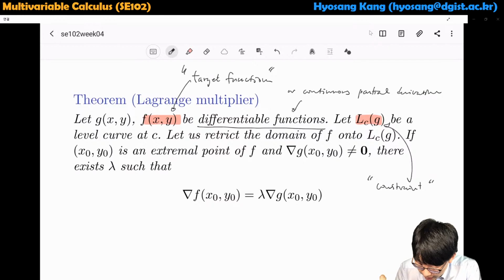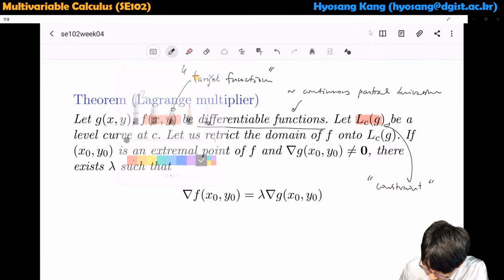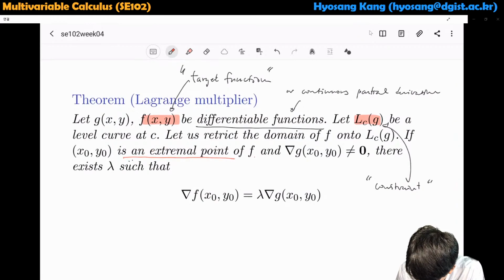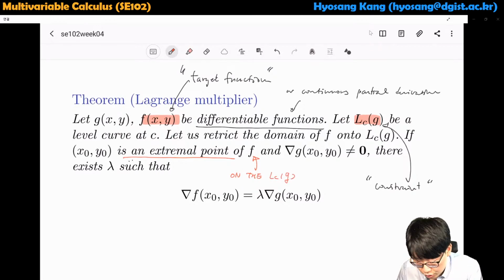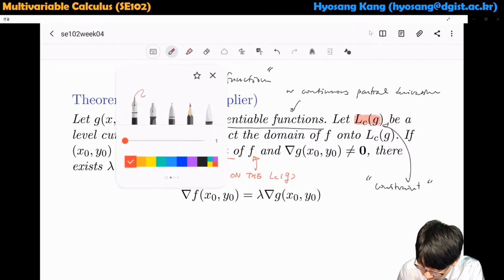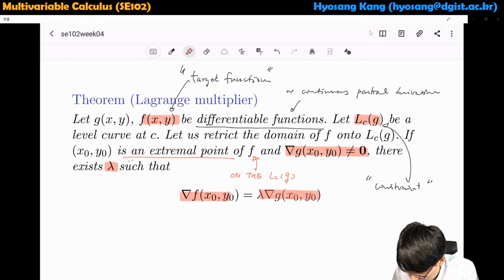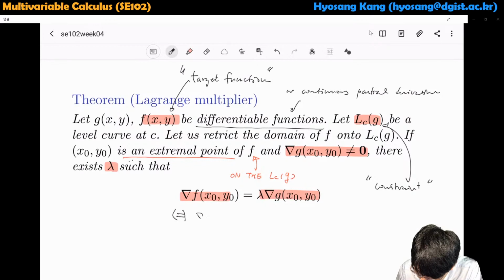Now, if (x0, y0) is an extremal point of this function on this level set, and there's an important condition, the gradient vector of g at (x0, y0) is not 0, then there exists lambda such that these two vectors satisfy this equation, which means basically that the gradient of f and the gradient of g are parallel.